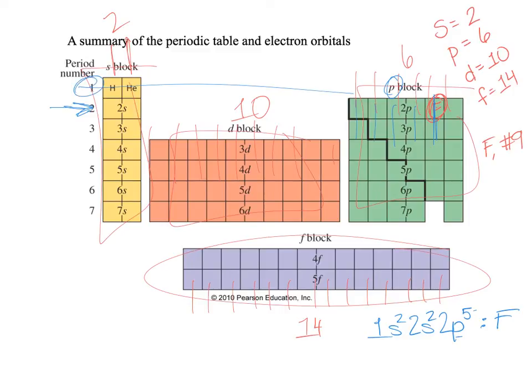Here is floor 1, here is floor 2, floor 3, floor 4. You can see where I'm going. So fluorine sits on the 2nd floor, in the P block, and in the fifth column of the P block. Well, guess what? That matches its electron configuration. And that works for any element on the periodic table.